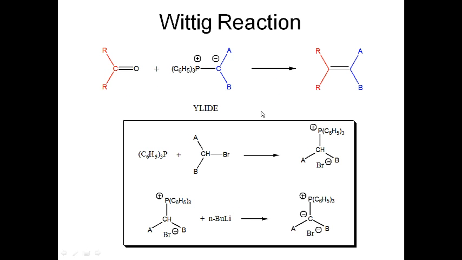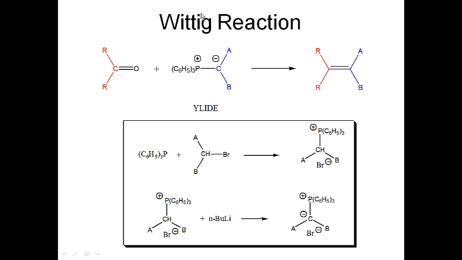Okay, another reaction of an aldehyde or ketone, which is an extremely useful reaction, is what's called the Wittig reaction. George Wittig was a German chemist, and in German W is a V, so this isn't the Wittig reaction, it's the Vittig reaction.